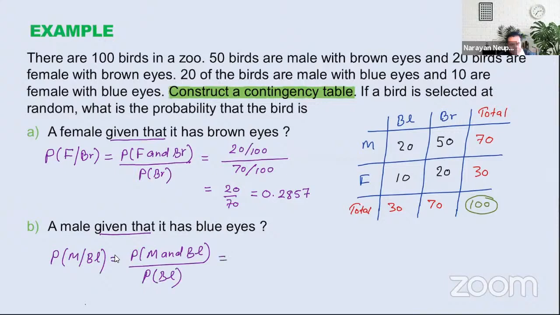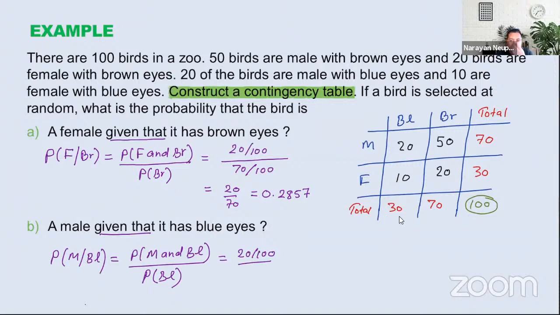If we plug in the values, in the numerator I'm looking for the probability that the bird is a male and blue-eyed. A male bird with blue eyes, I have 20 birds out of 100, so that is 20 over 100. Divided by, in the denominator, the probability that it's a blue-eyed bird.